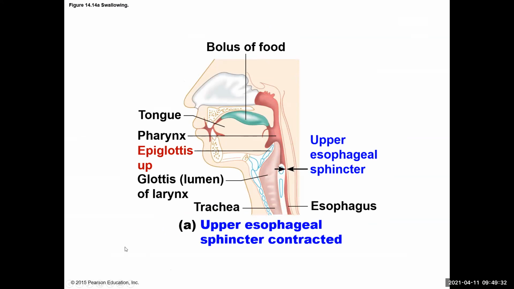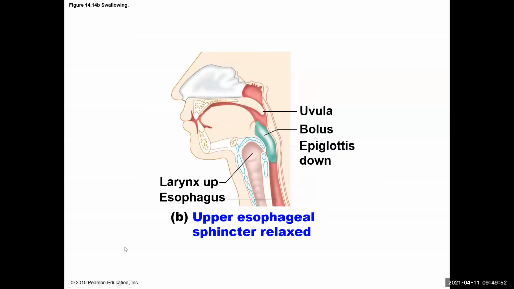So this is the swallowing reflex, deglutition. Remember I told you about the uvula, hanging at the back. The uvula and soft palate will cover the nasopharynx, so that the food doesn't go into the nose.